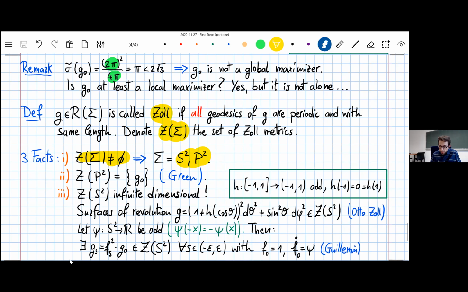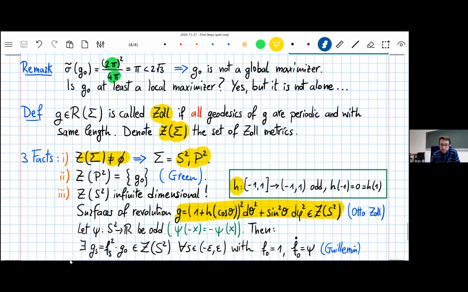You can find examples also with a very easy formula among surfaces of revolution. This is the example I write here. You can write this using polar coordinates, theta and phi. The only thing you need is to perturb the standard round metric in polar coordinates using a function h of the cosine, which has some properties: it is odd, and h of -1 equals h of 1 equals 0.